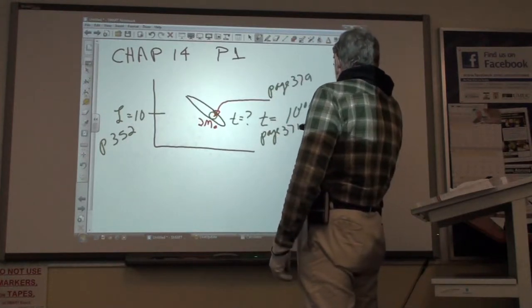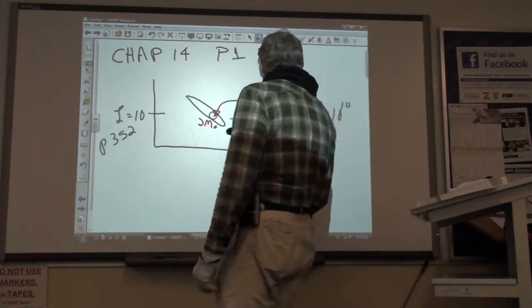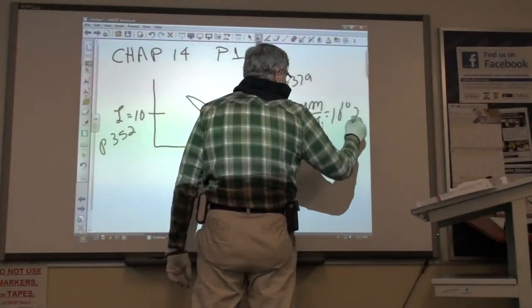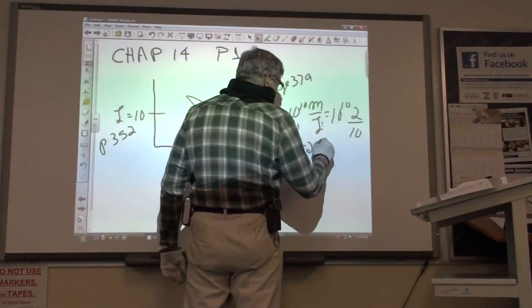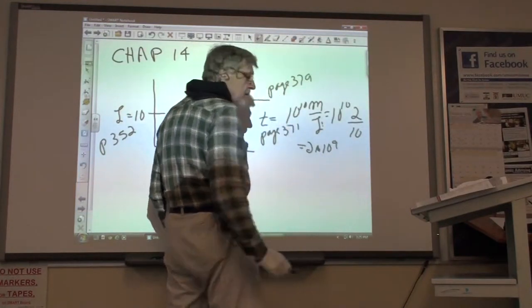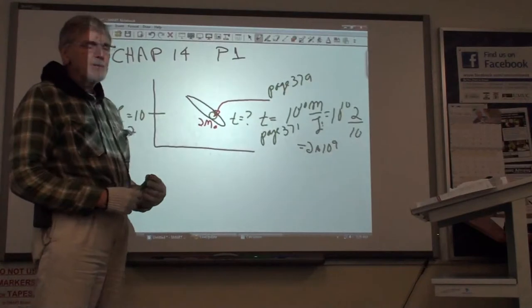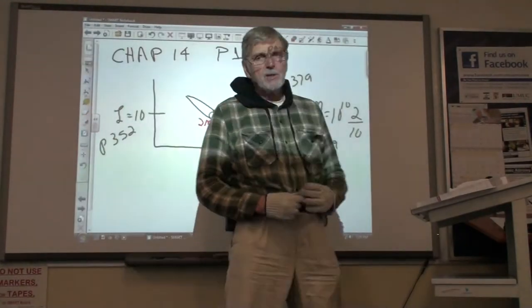In this case it's 10 to the 10th, the mass is given as 2, and the luminosity we have already found as 10, so it is equal to 2 times 10 to the 9th, or 2 billion years, the amount of time that it will spend on the main sequence.